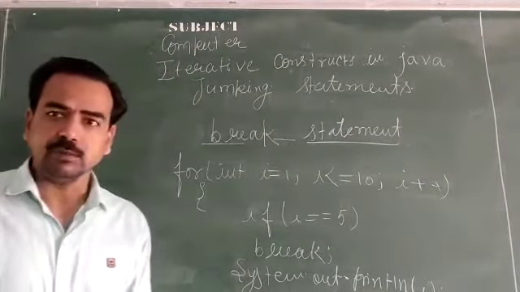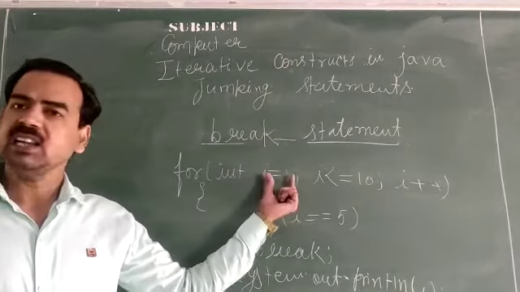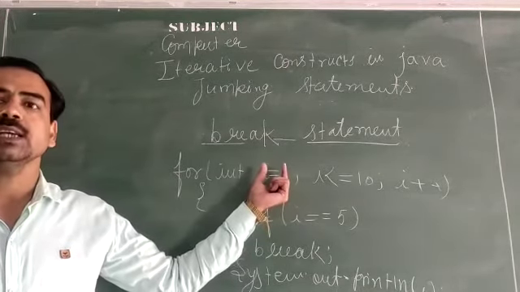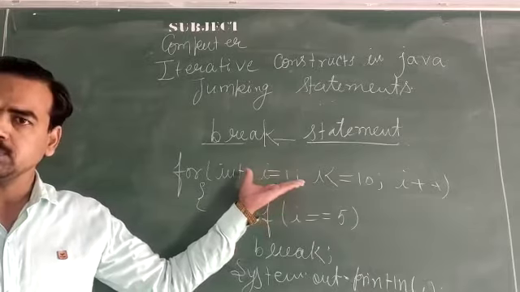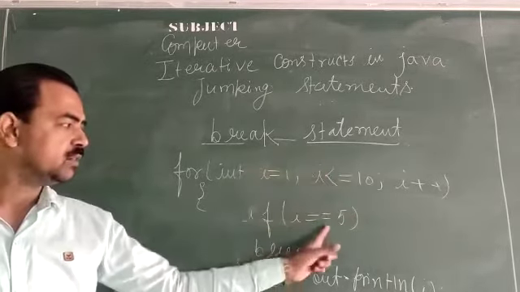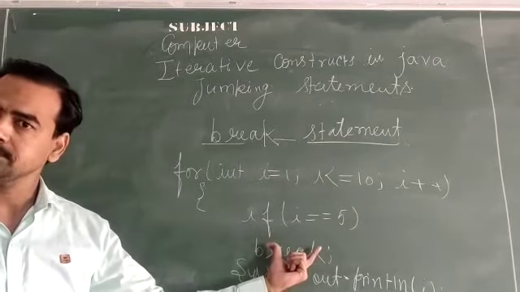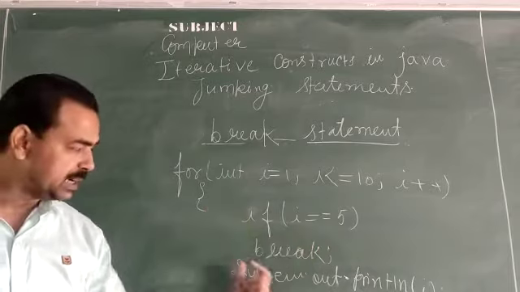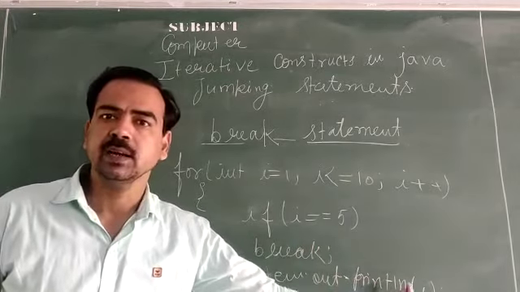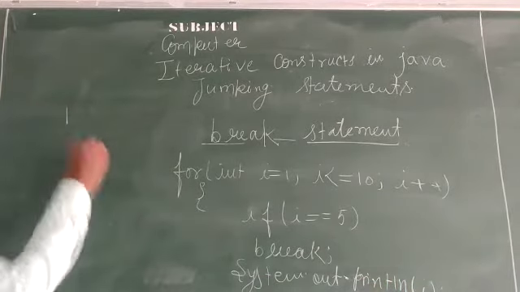Now let's see the execution of this loop. int i = 1. The initial value of i is 1. Is there any problem? 1 is less than 10, condition true. Then 1 equals 5? No, false. So break will not execute. But System.out.println(i) will be executed, so 1 will be printed.